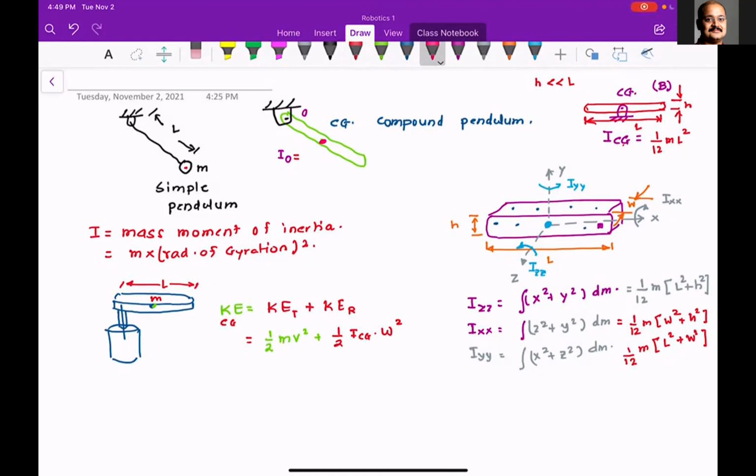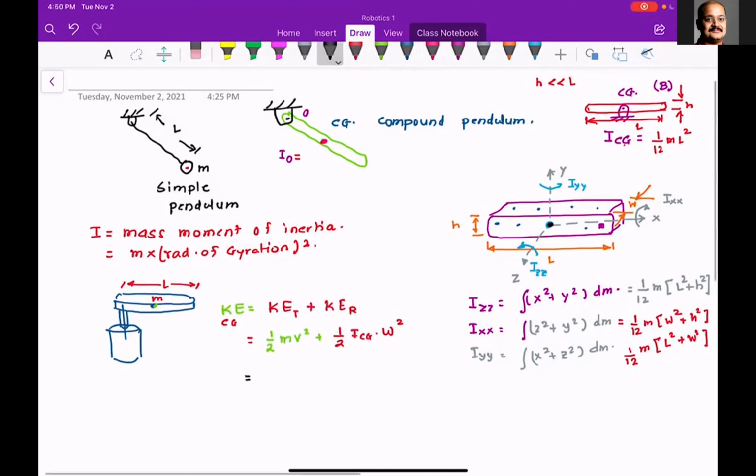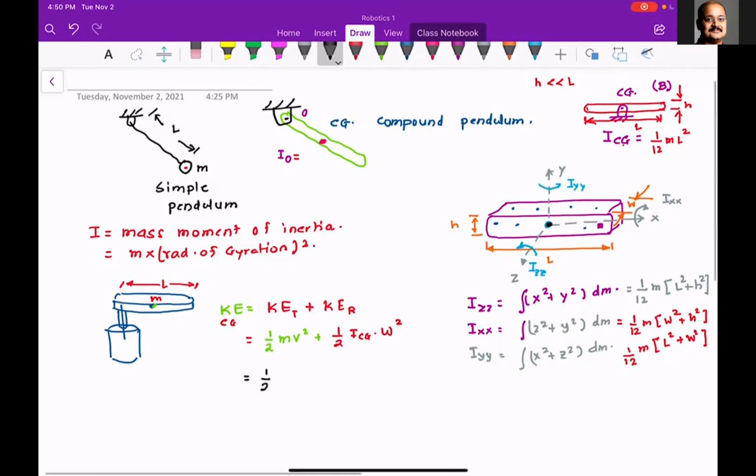This could be a three-dimensional case, which means I may have to do the exact same thing for the problem that I have shown and drawn on the right-hand side. So what this equation becomes, and this is something I wrote in last class, will become 1/2 m times velocity in x direction square plus velocity in y direction square plus velocity in z direction square.